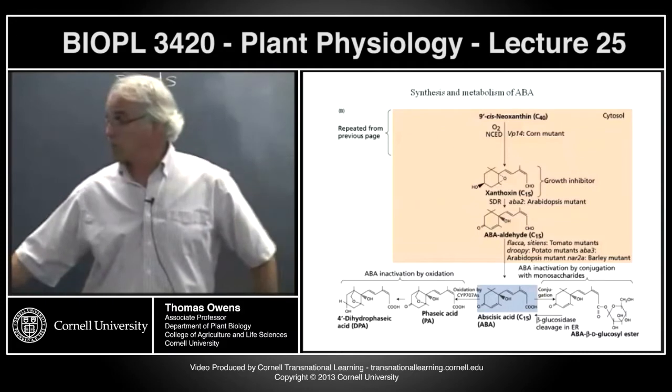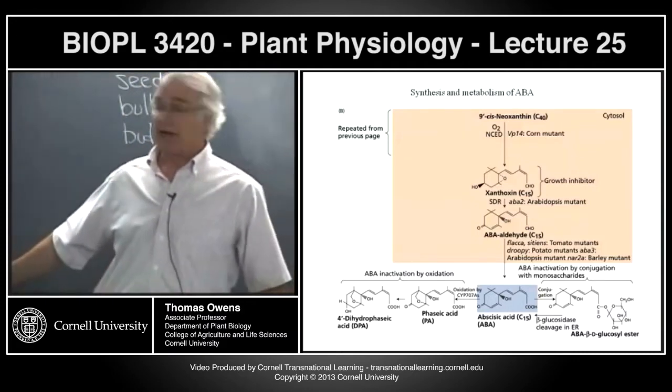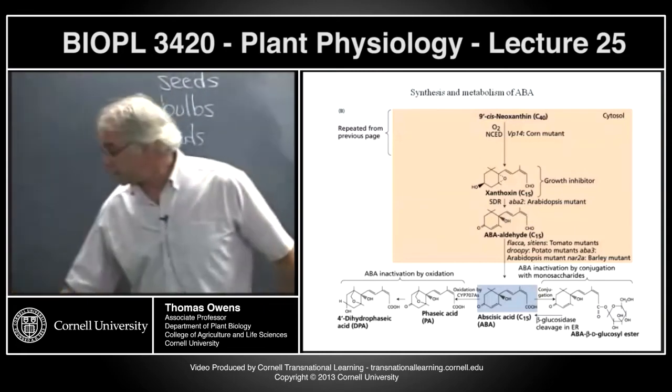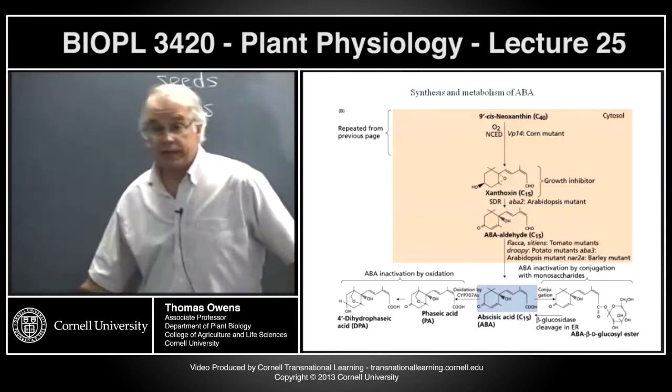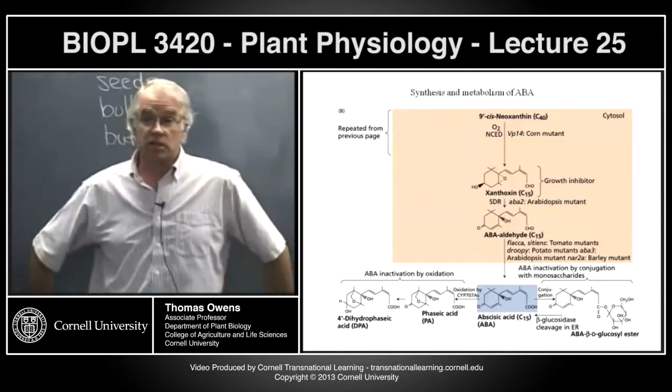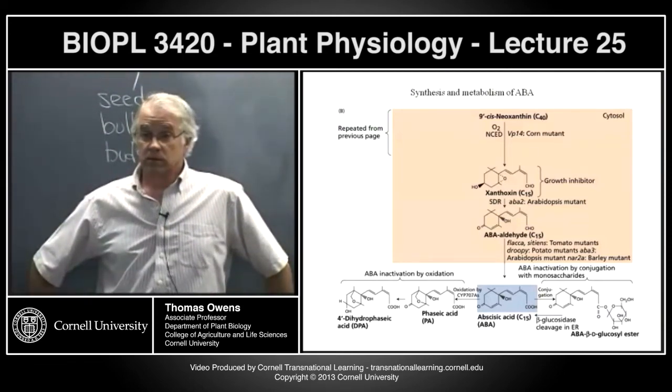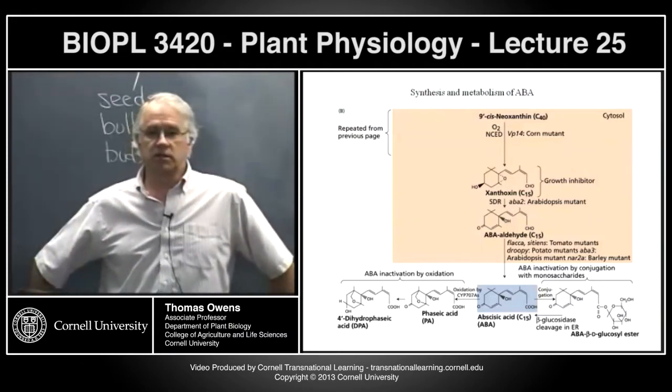There are reversible formations of conjugates. In this case, adding a glucose residue makes it into an inactive compound, and that glucose can be removed and reactivate the compound. The role that ABA conjugates play in physiology is not very well understood.